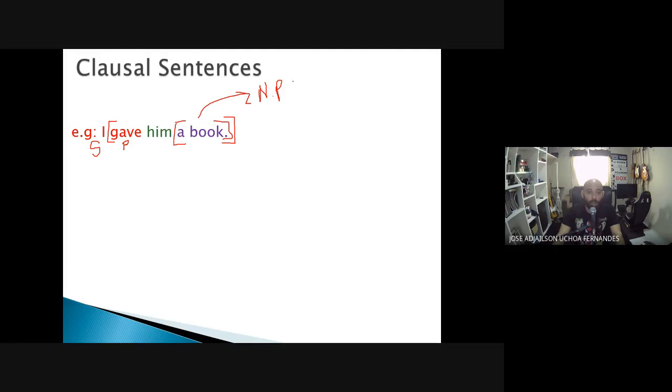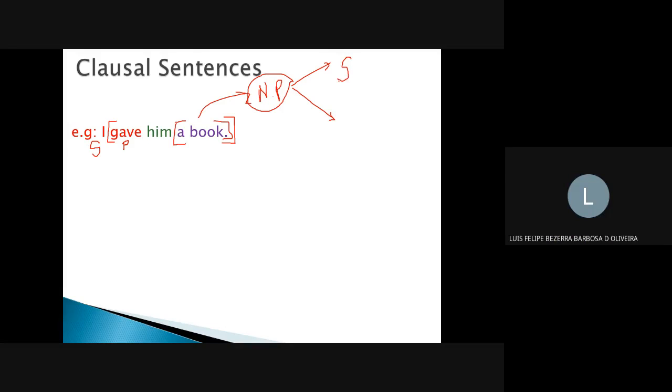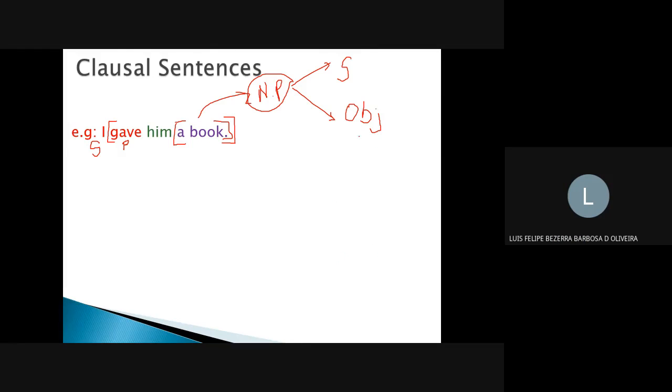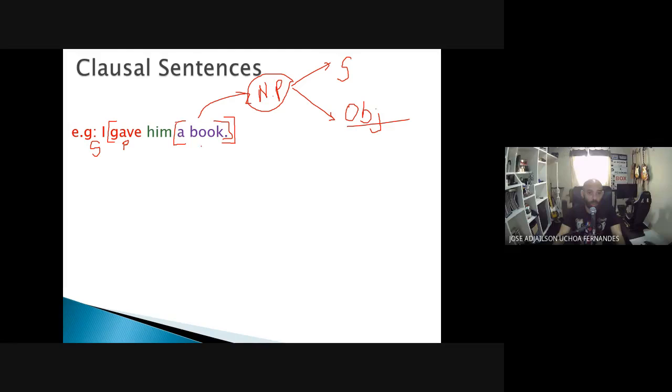Now, we have seen that noun phrases can behave either as the subject or the object of sentences. Now, what is the case here? Is a book a subject or the object? It's working as the direct object. The object. A book is the direct object.